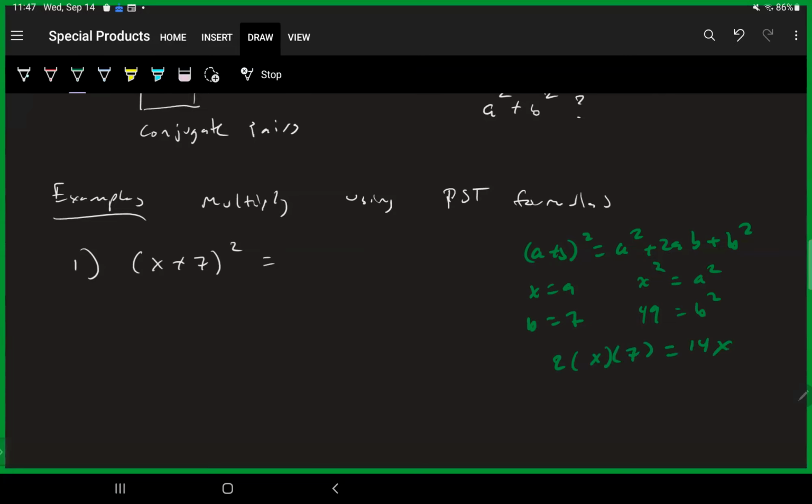So I can stitch these together. My a squared is x squared. My 2ab, we did the work off to the side, is 14x. And finally, my b squared, which is 7 squared, is 49. And I'm done.